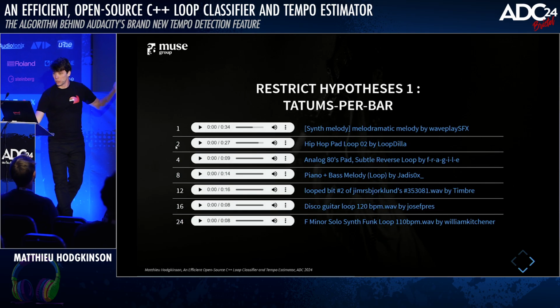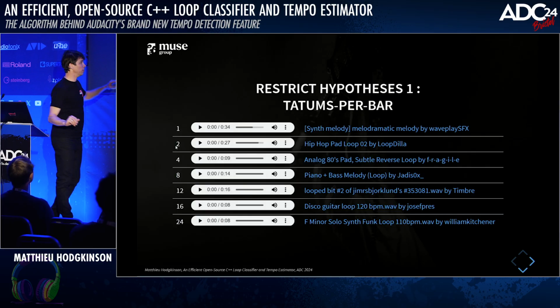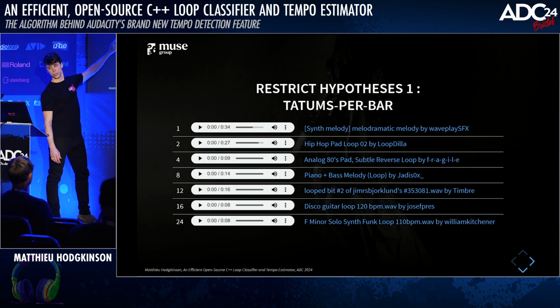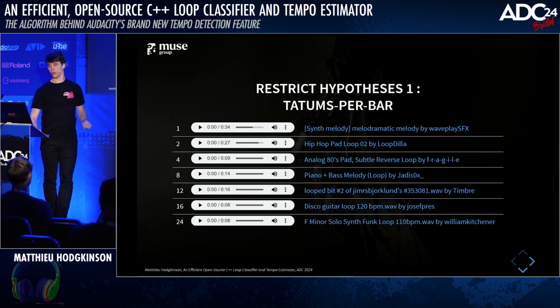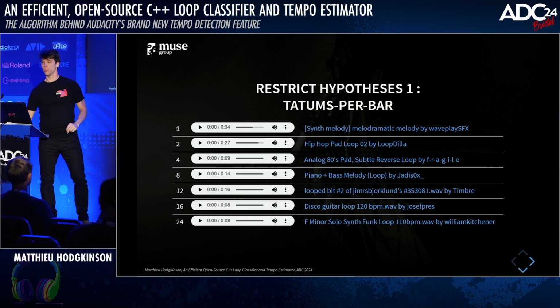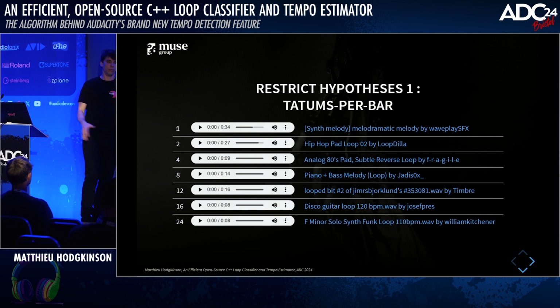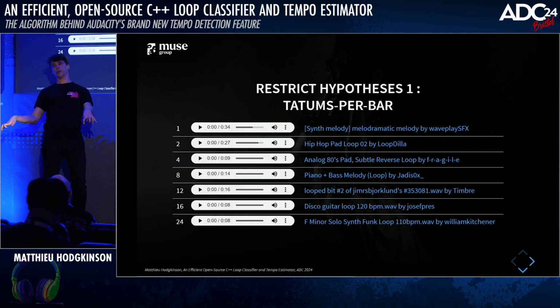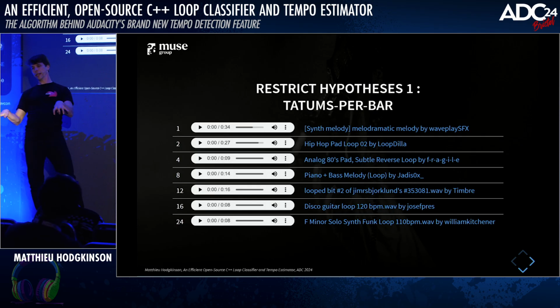And here is the result of the decisions that I took by myself, but I think they are quite sensible. We are going to try 1 tatum per bar, 2, 4, 8, 12, 16, or 24. So 1 tatum per bar is quite easy to picture. It's like if you have a pad synthesizer that's going to play just 1 chord per bar, a Pink Floyd-like.